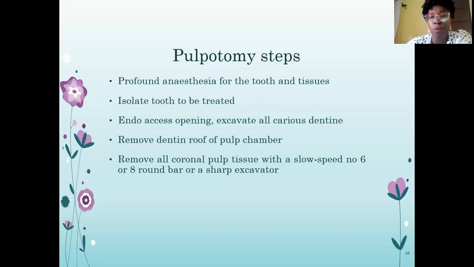I've already shown you the slide about the anatomy: the floor of deciduous molars, deciduous teeth, is already perforated. So it's very easy, if you're going with a high speed, to perforate, and then you cannot continue with your pulpotomy. So switch to a slow speed and then remove your coronal pulp tissue.